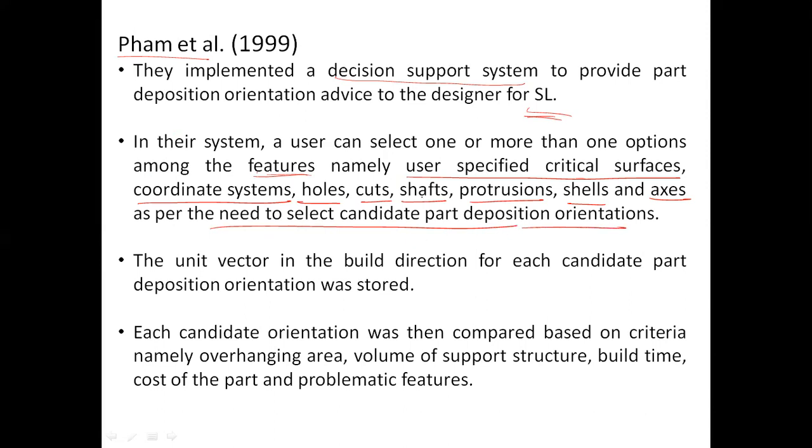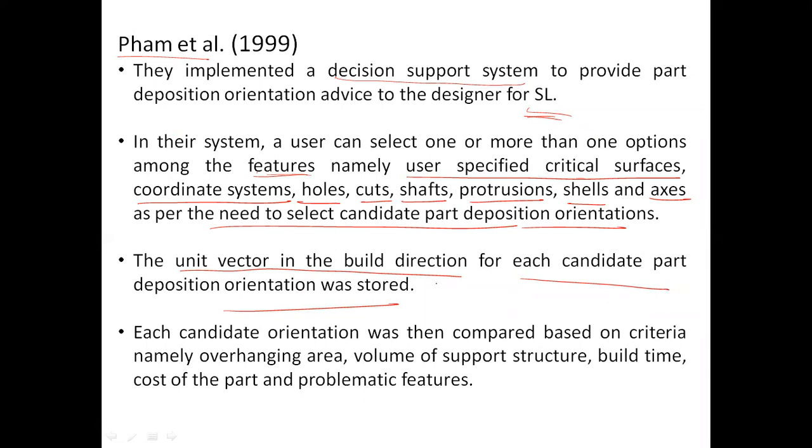Out of these options, you could select some features, and then the unit vector in the build direction for each candidate part deposition orientation was stored.